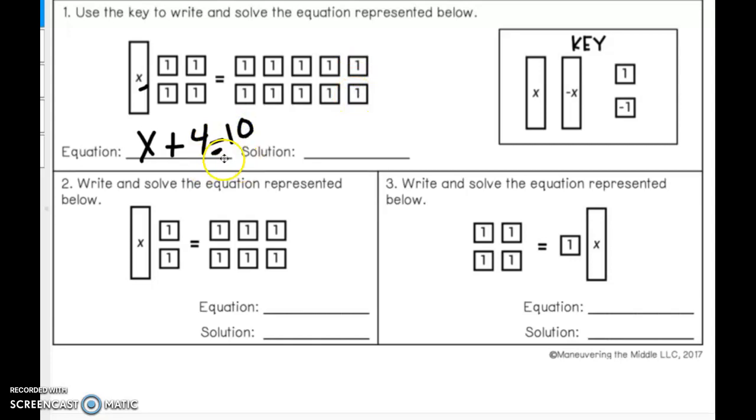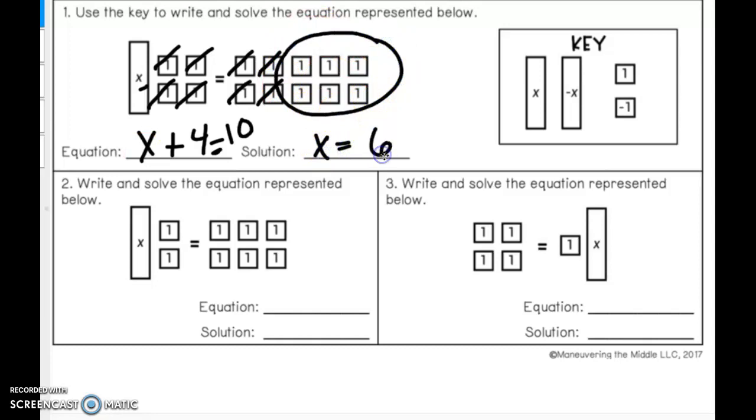So if we figure out what our x equals, one way to do this is to cross out the same amount, do the same thing to both sides. We know that this side is now x, and this side is now 6. So x is equal to 6. We subtracted 4 from each side, and we ended up with 6.